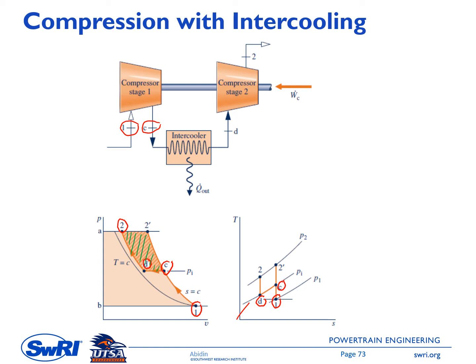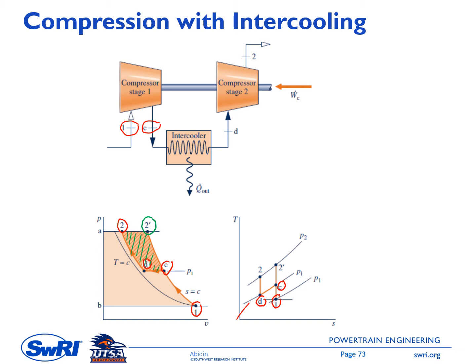If we don't have an intercooler, state 1 will go to state 2 prime, because the target is a certain pressure ratio, from state 1 to state 2 prime, and P2 prime equals P2.